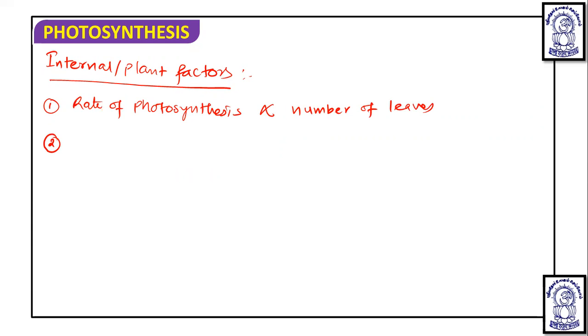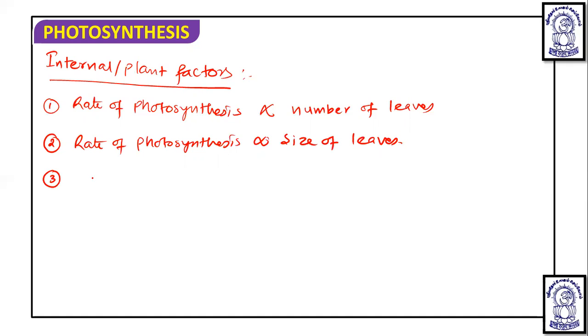Here also, as we studied in the first factor, the more the number of leaves, the more the rate of photosynthesis. So the rate of photosynthesis is directly proportional to the size of leaves. If the size is more, the photosynthesis will be more.